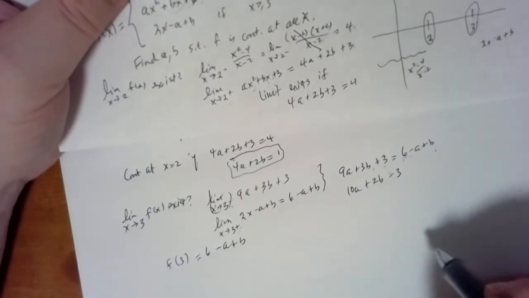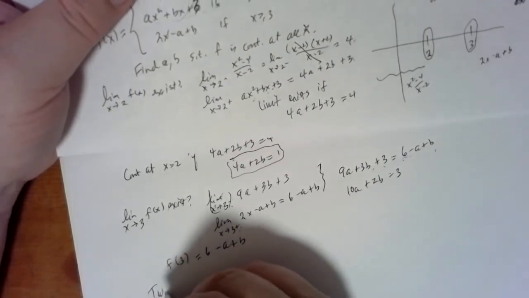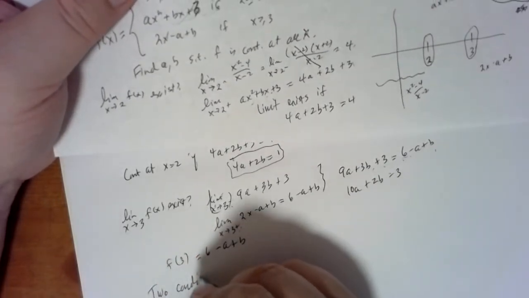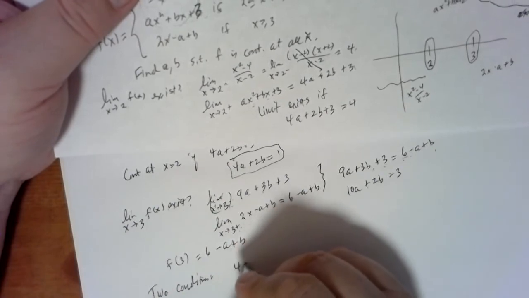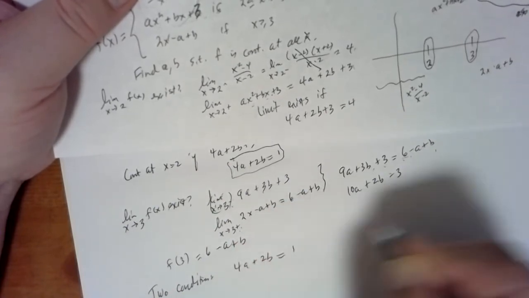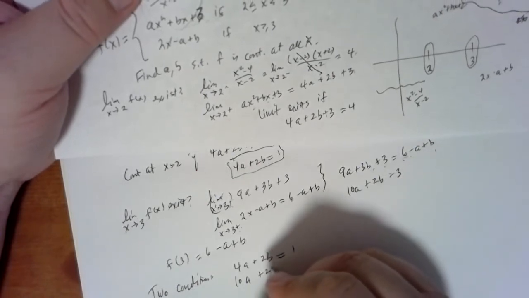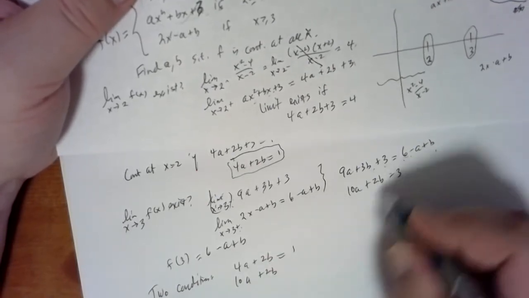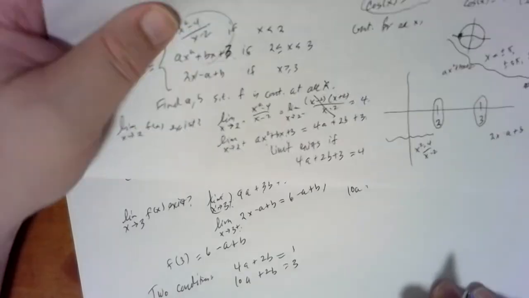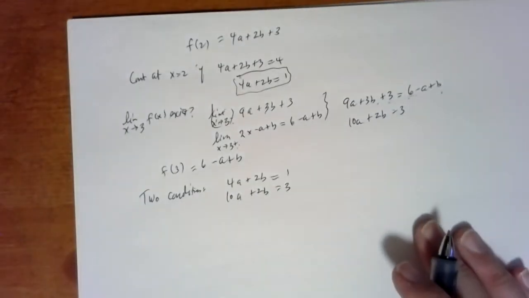Okay, so now we have two conditions. We have 4a plus 2b equals 1, and we have 10a plus 2b is equal to 3. Good. Do you remember how to solve these?